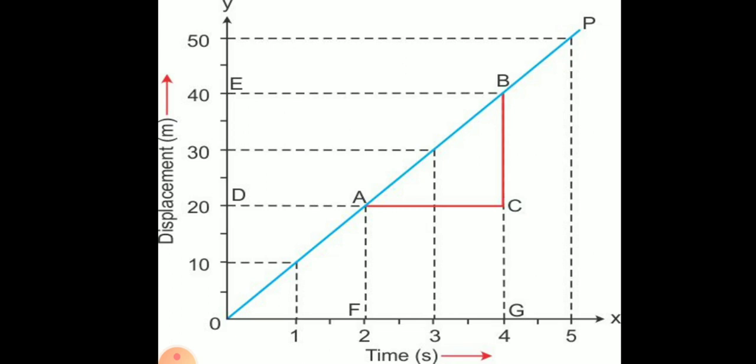Tan of this angle is called slope, or using the geometry of the figure, you can find slope by the formula: slope is equal to height upon base, that is, slope is equal to BC upon AC. Whatever method you are going to use, by finding the slope, you can find velocity.